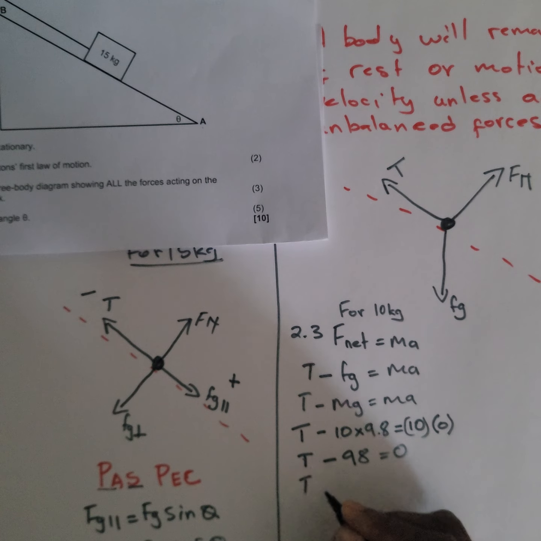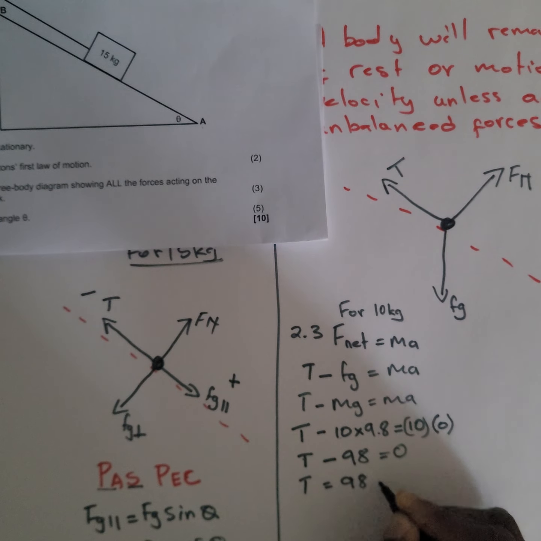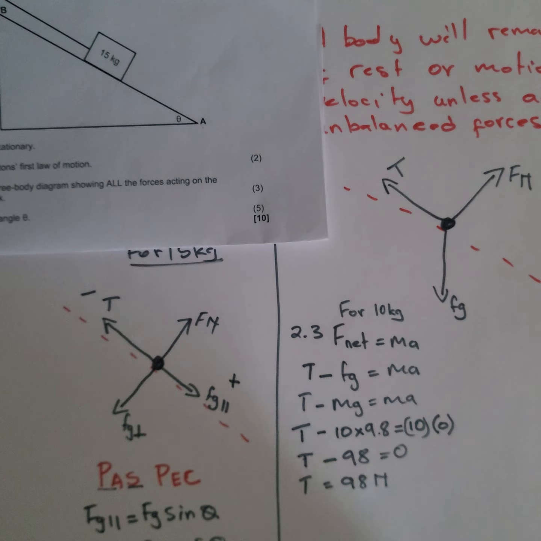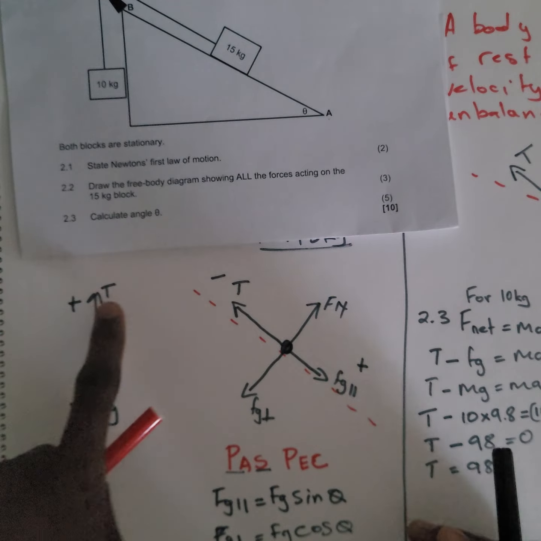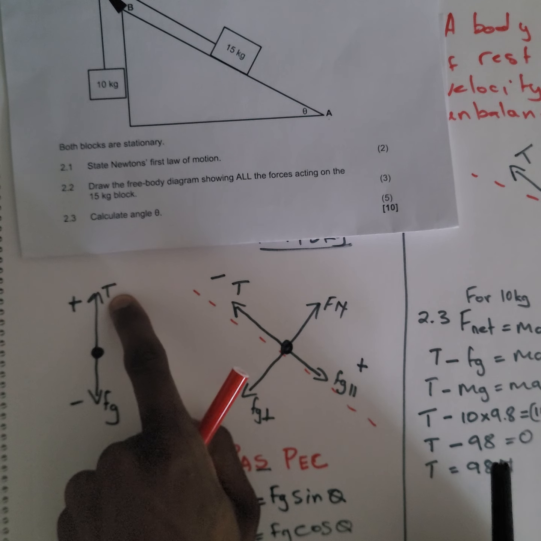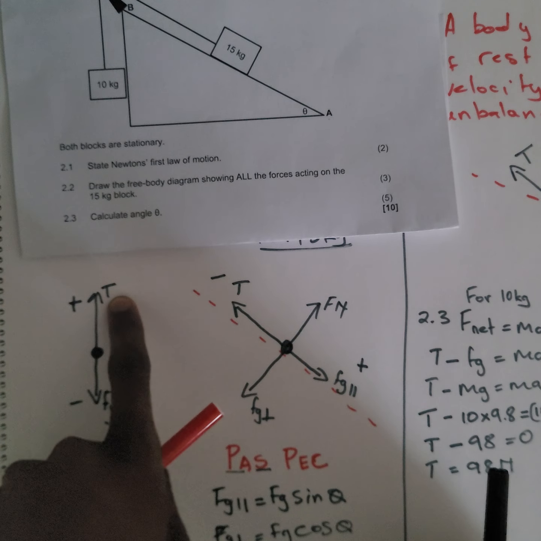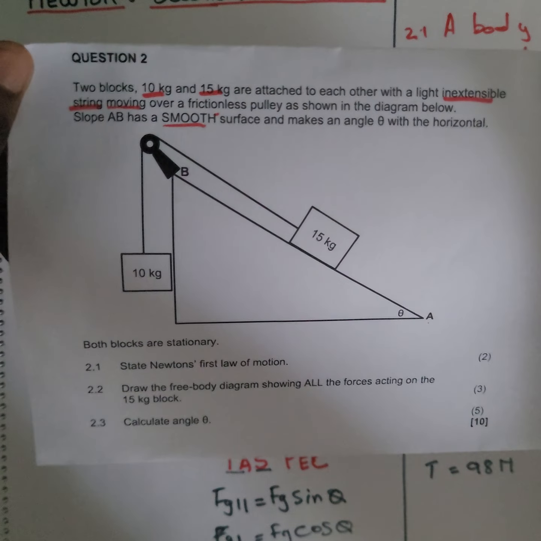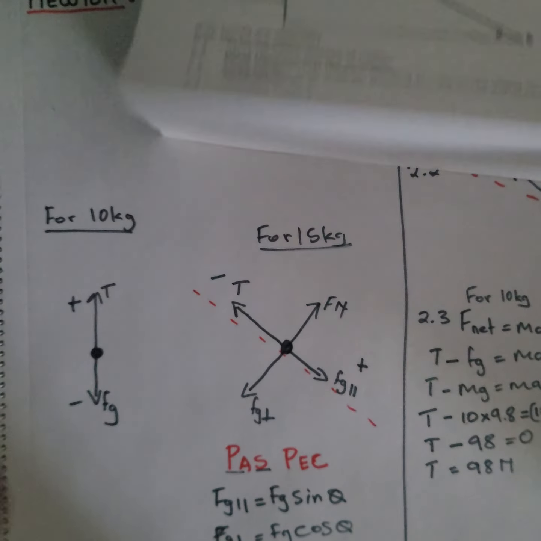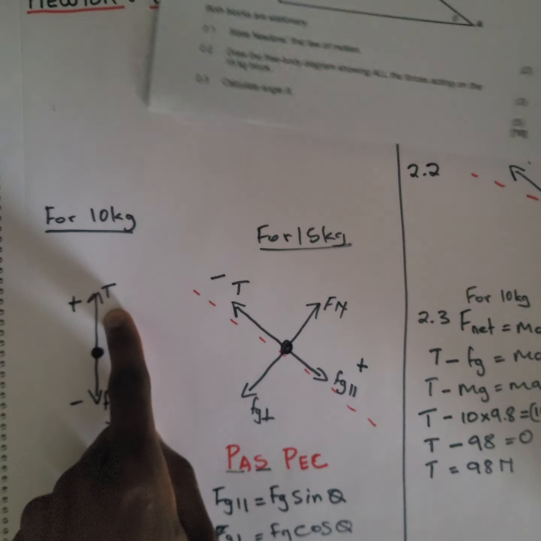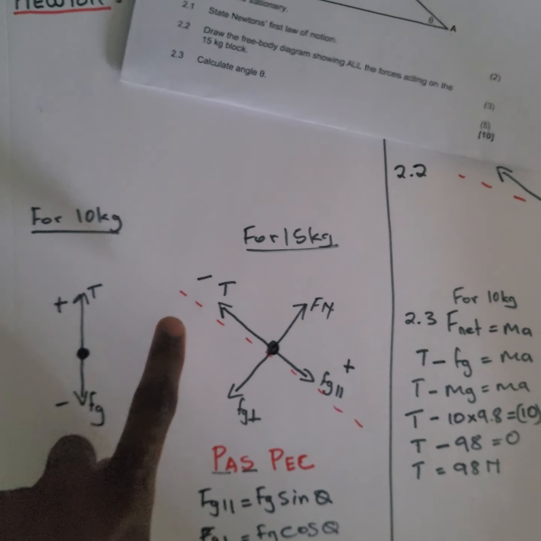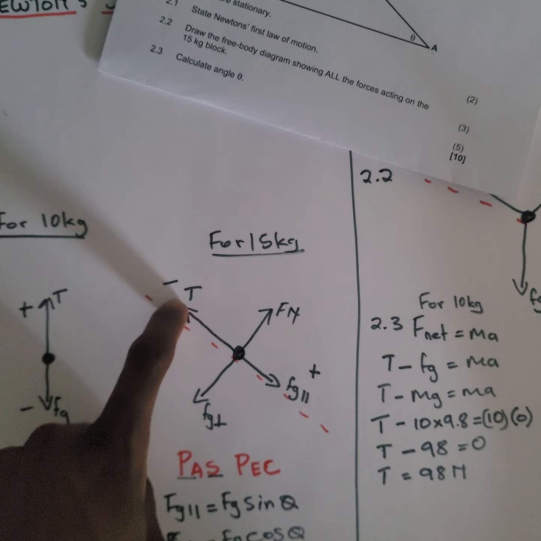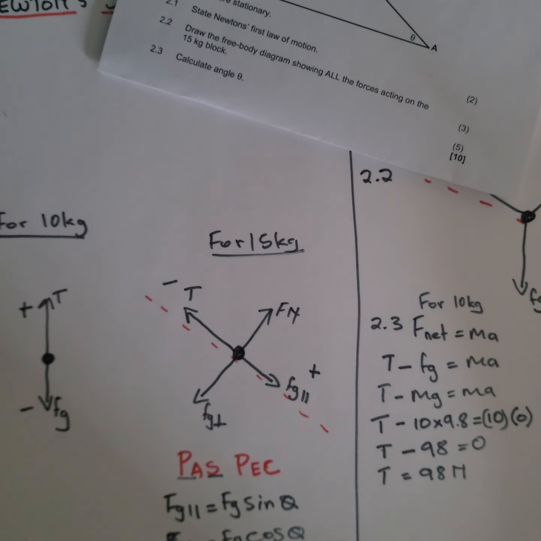It's going to be tension is equal to 98 newtons. And then if this tension is 98 newtons, ladies and gentlemen, you know that the string is inextensible. So if this tension here is 98, it also says to me that this tension here is also 98.